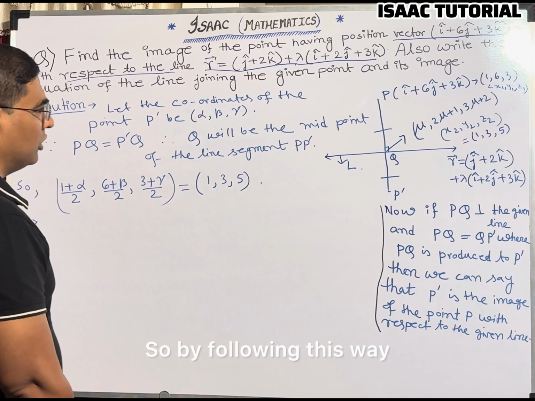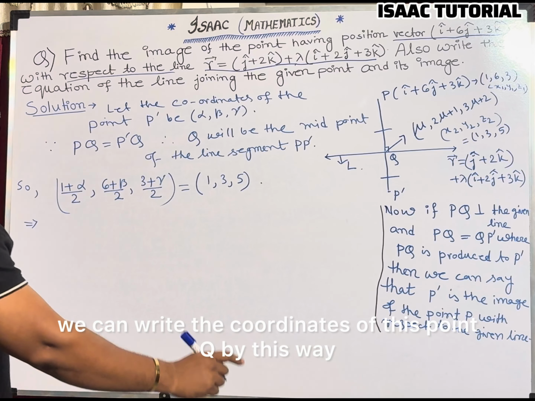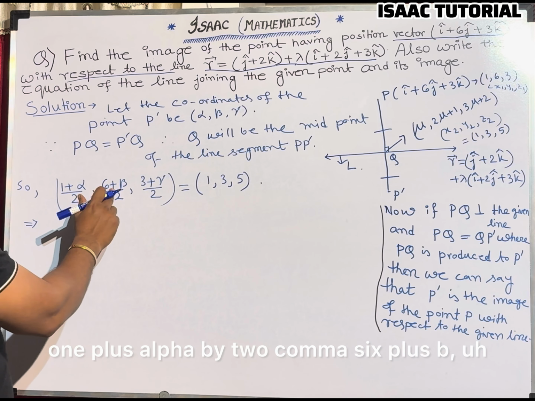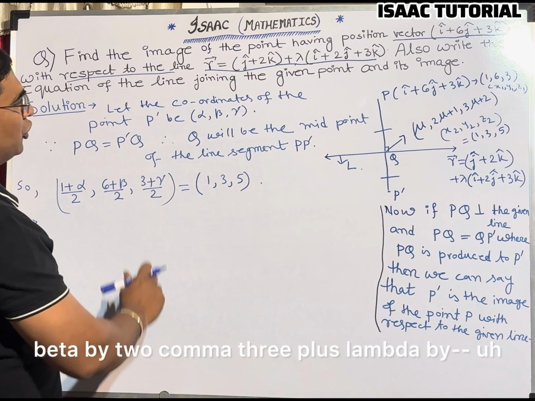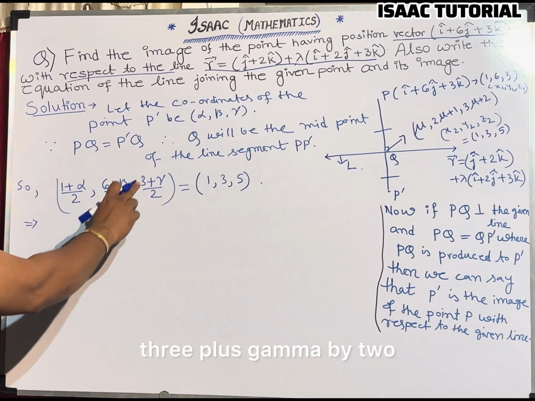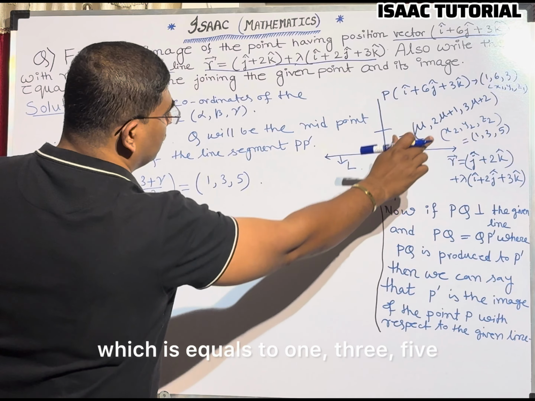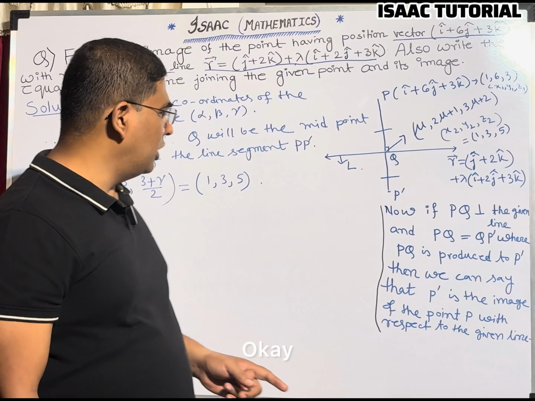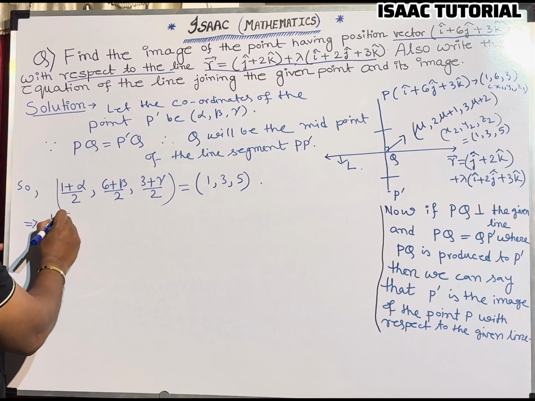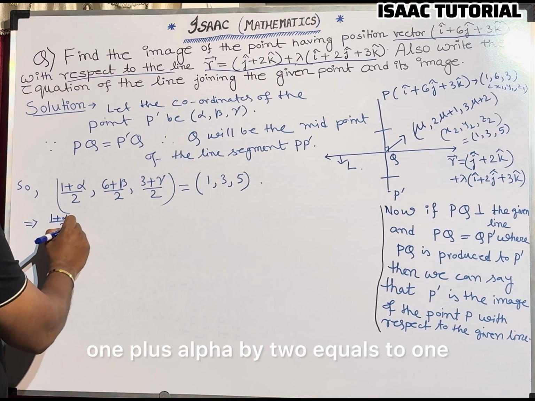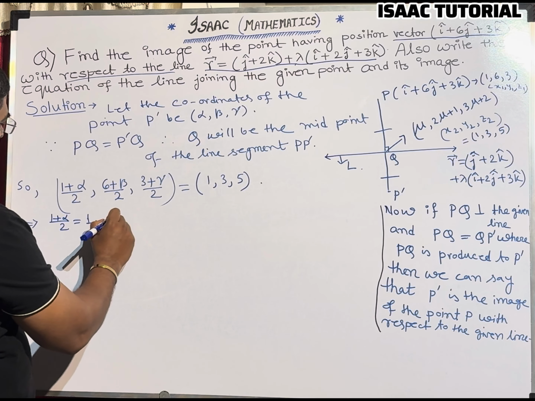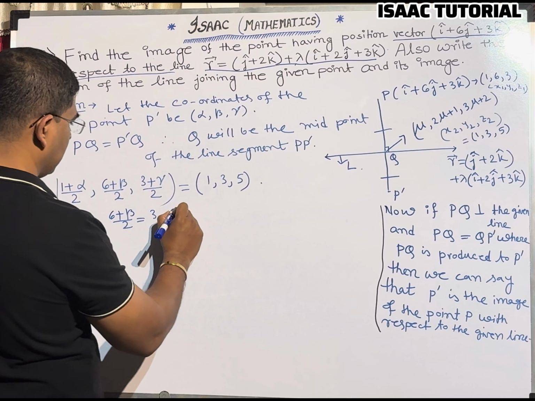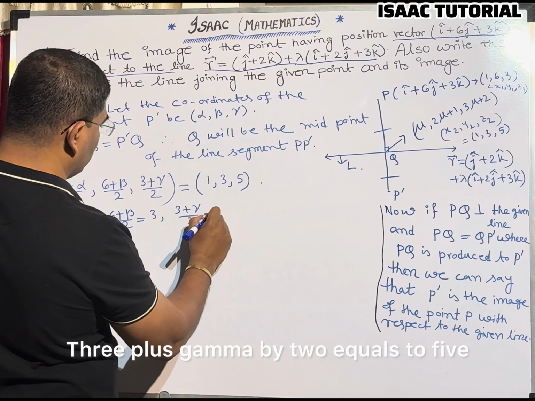So we can write the coordinates of this point Q as 1 plus alpha by 2, comma 6 plus beta by 2, comma 3 plus gamma by 2, which equals 1, 3, 5, because we already know the coordinates of this point Q. This implies 1 plus alpha by 2 equals 1, 6 plus beta by 2 equals 3, 3 plus gamma by 2 equals 5.